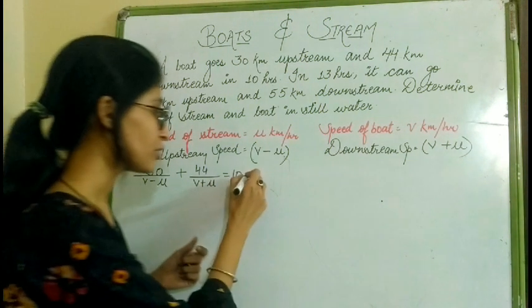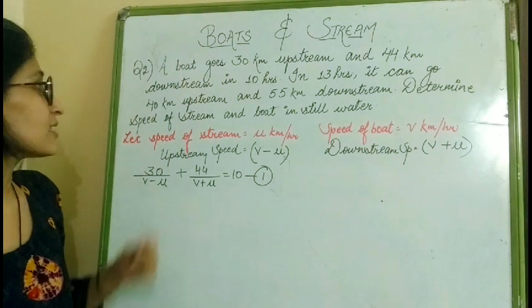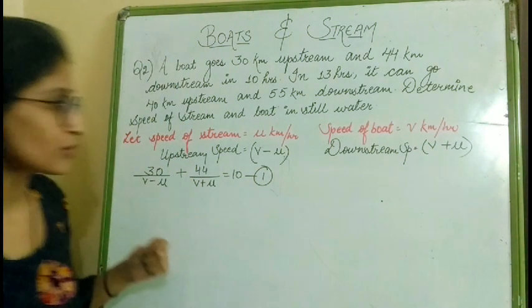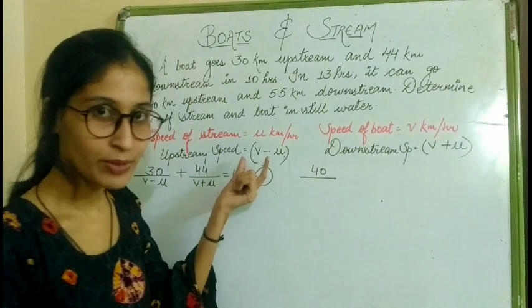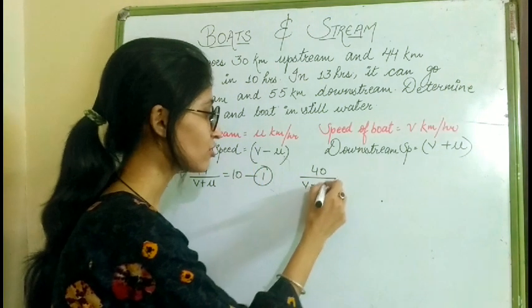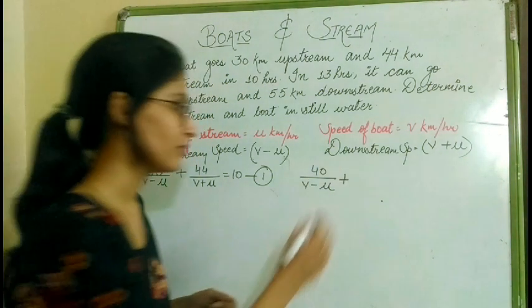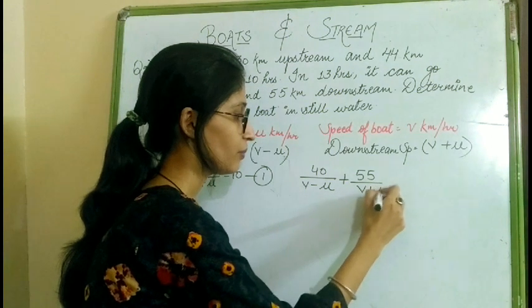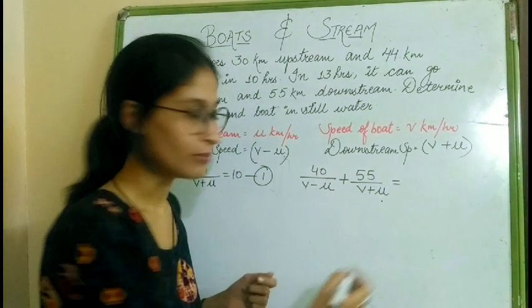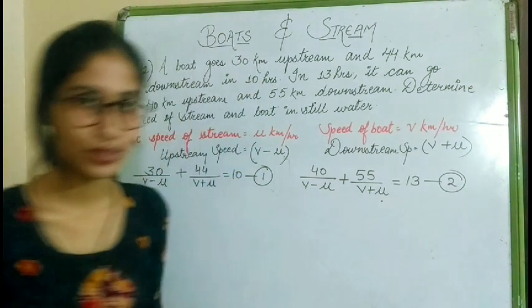So this is my equation 1. Second, in 13 hours, it can go 40 km upstream. So it will be 40 upon upstream speed v minus u plus 55 km downstream, 55 upon v plus u, and the overall time is 13 hours. This is my equation 2.